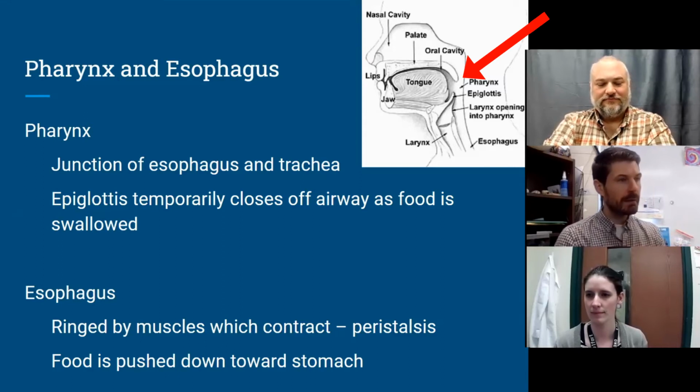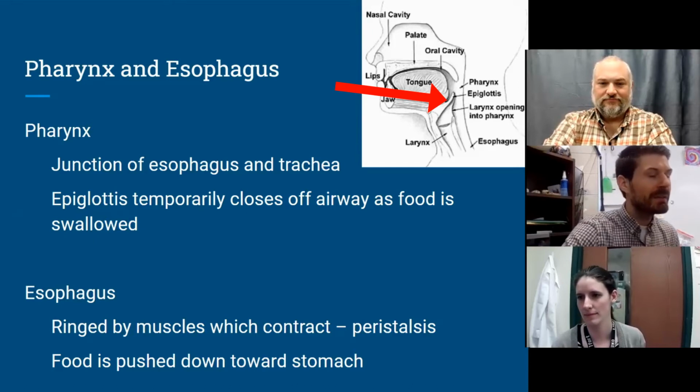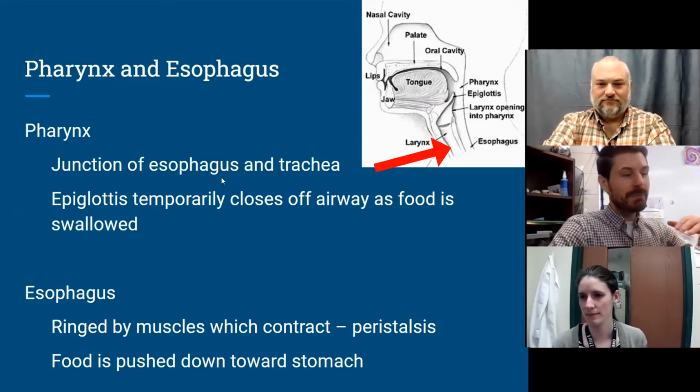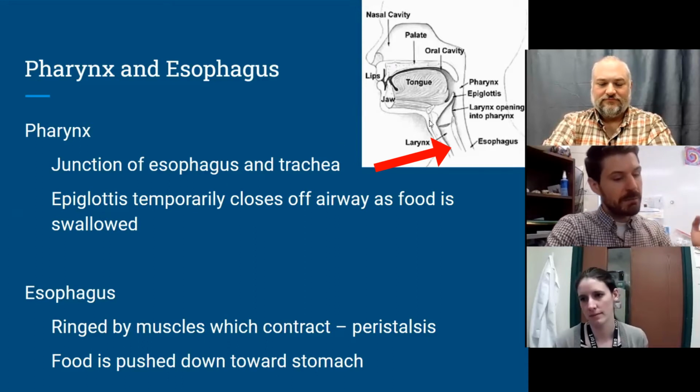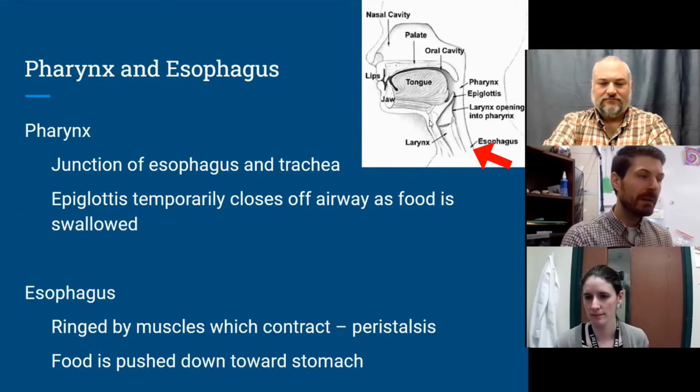So there's a little flap in the throat that covers up your trachea, the part that goes down into your lungs, and makes sure that food and drink go down into the esophagus and then into the stomach as part of the digestive system.